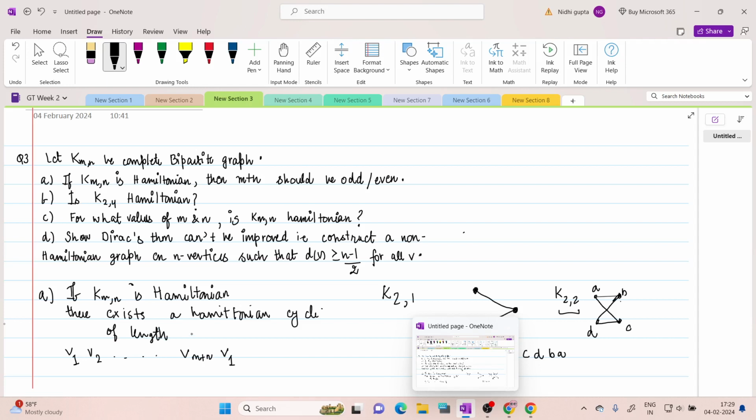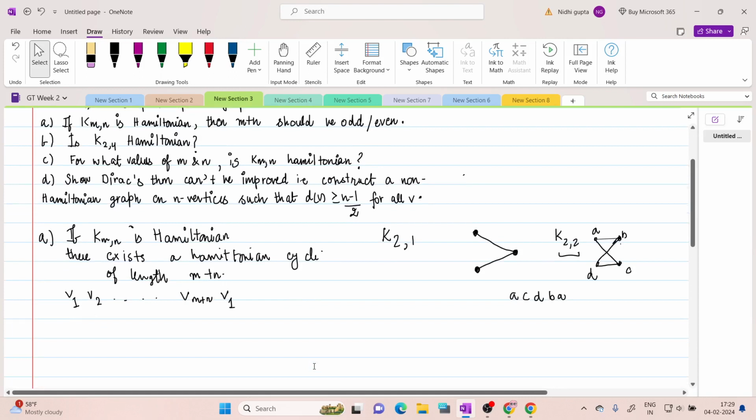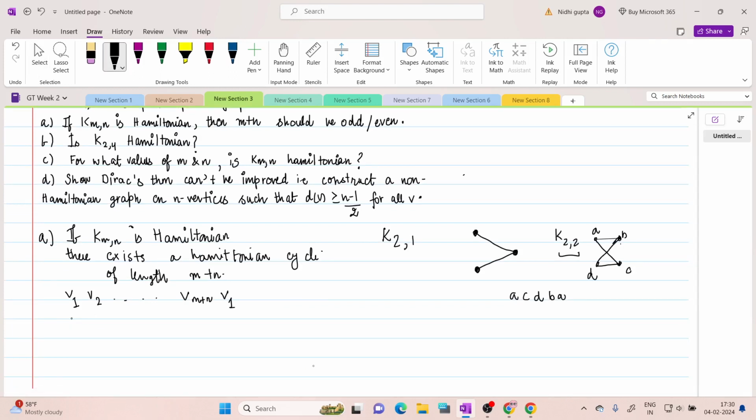And now this is a bipartite graph, right? So can a bipartite graph have an odd cycle? No. So if this is a Hamiltonian cycle which is contained in a bipartite graph, therefore this cycle is of even length, and therefore M plus N should be even.